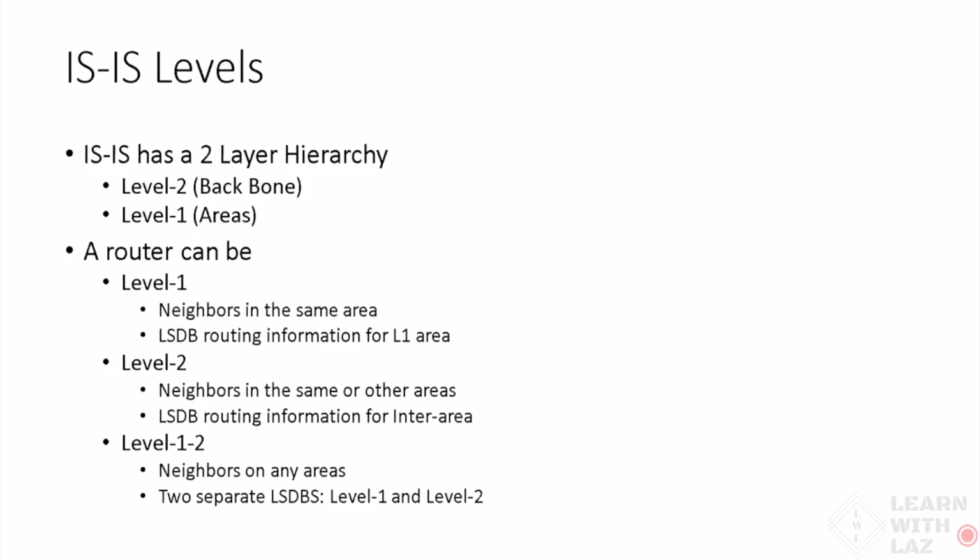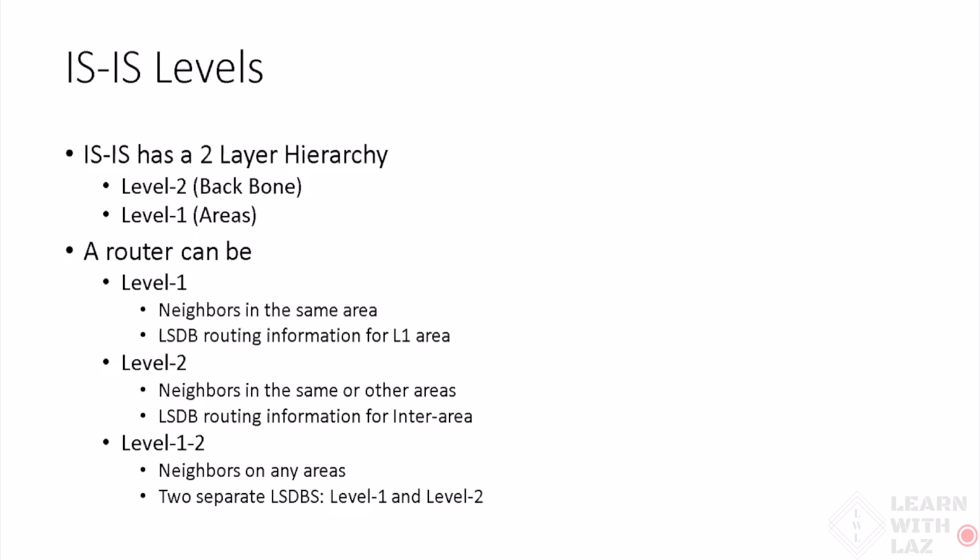Okay, it's the router, not the interface. It's the router that's the level type. And when we configure this, you'll be able to see exactly what it is that I'm talking about when we start doing the configurations of ISIS in a multi-area environment.